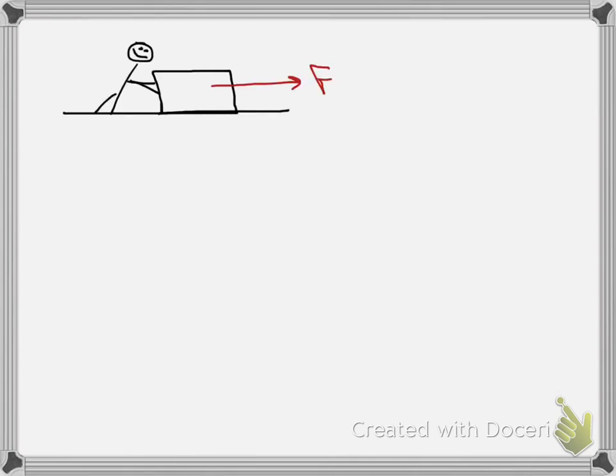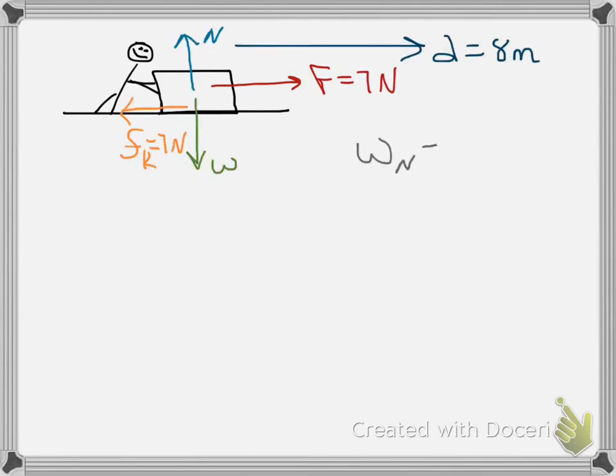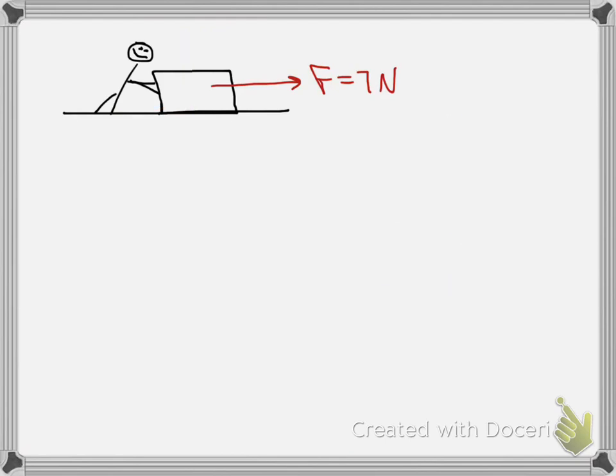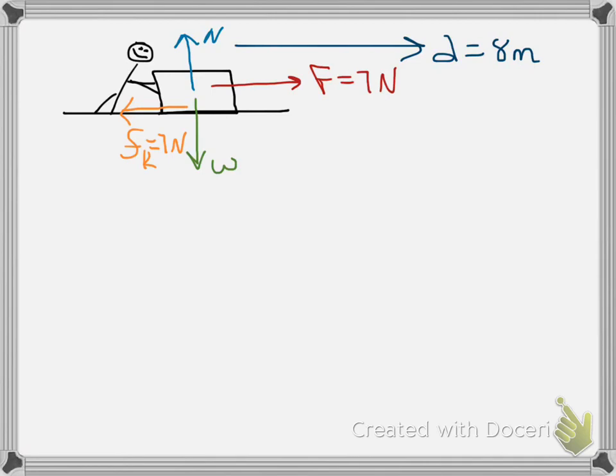We've already looked at the work done by the person applying a force, and the work done by the kinetic friction force. Now let's consider the other two forces that are acting on this box. There is a normal force and a weight force. And let's assume that the box still moves a distance of 8 meters.